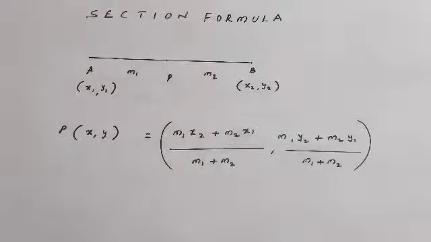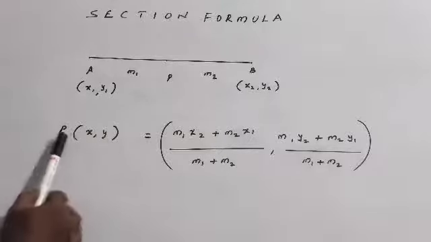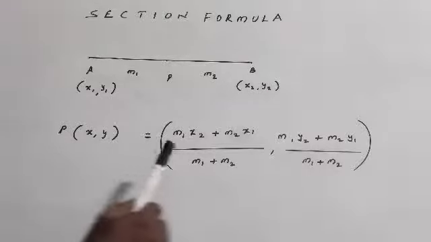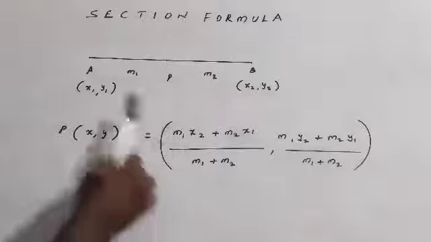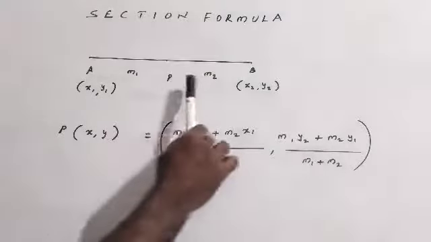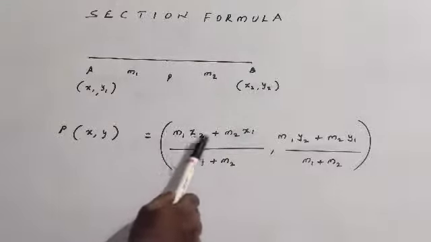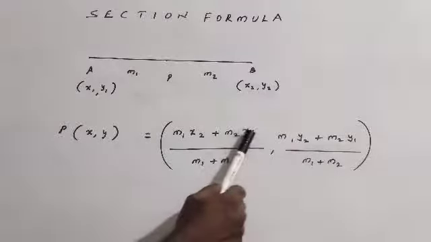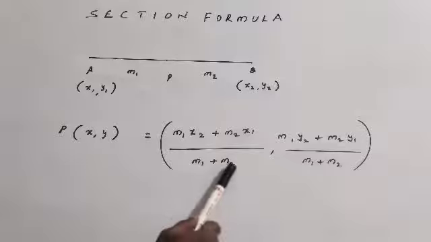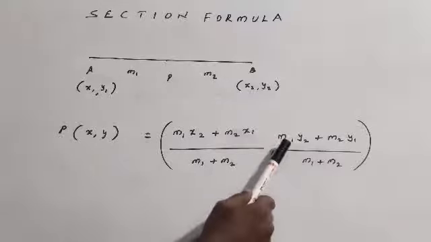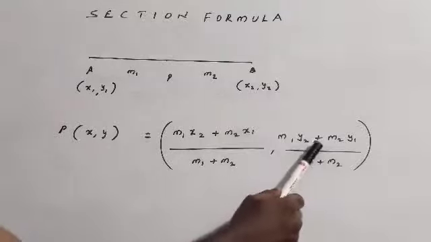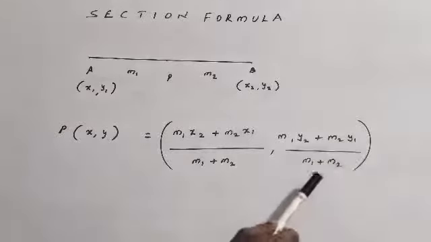Now the section formula is P of x comma y. P is the point which divides the line segment. M1 is the ratio of the first part, M2 is the ratio of the second part. So P of x comma y equals M1 into x2 plus M2 into x1 by M1 plus M2, comma M1 into y2 plus M2 into y1 by M1 plus M2.